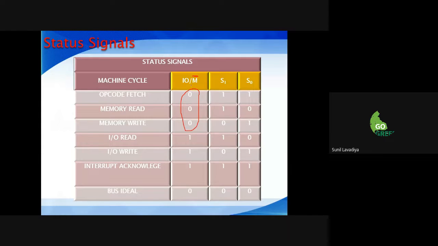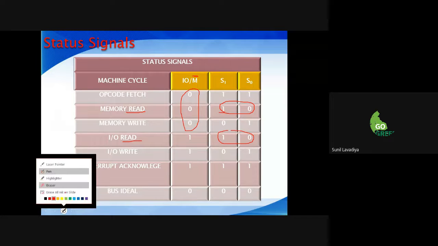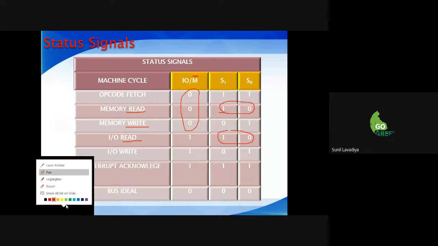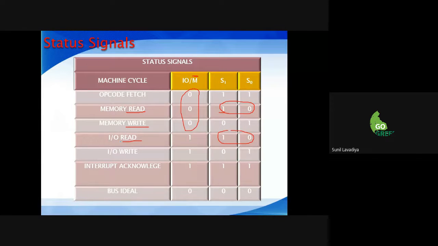This is one thing that you have to remember. Second thing you have to consider is that if the operation is related to read part, then this is 1 and 0. Any IO read operation is also 1 0. Another thing: if the operation is related to write, the operation related to write.